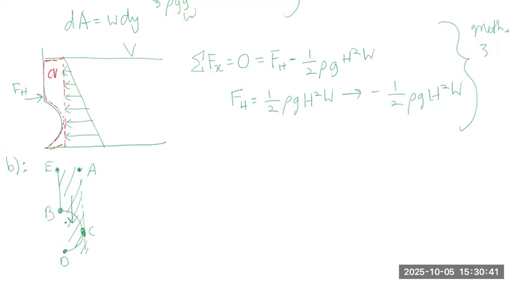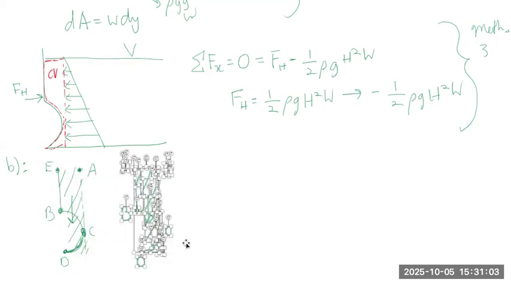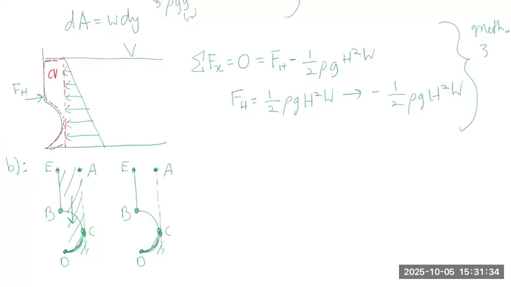Basically, it will exert a force on CD. And this force on CD is actually equal and opposite to the force on the bottom of CD, which is the force of this volume of water over here on CD.